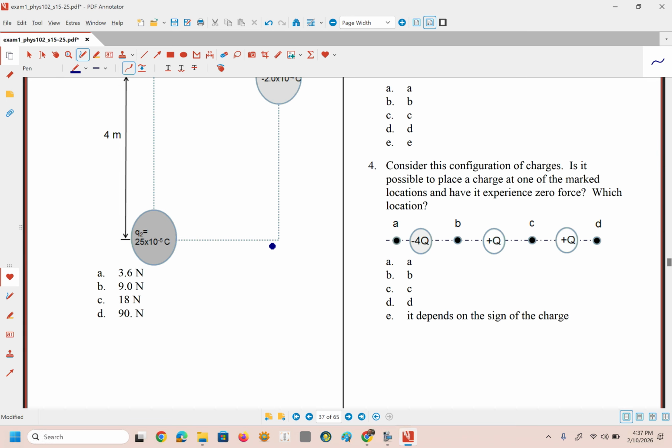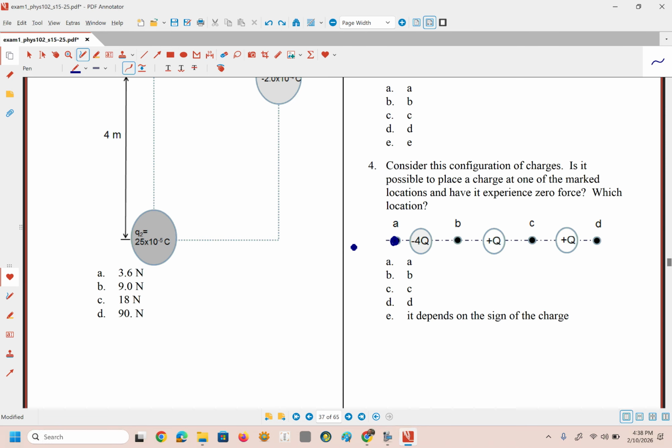Okay? Is it possible to place a charge at one of the marked locations? You remember what we said, let's just pick them. I'm going to go at point A. I'm going to have a force that's big in that direction, and 2 forces that are small in that direction. Let's see.